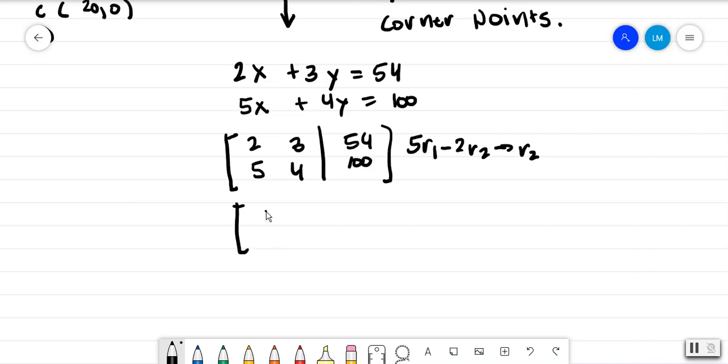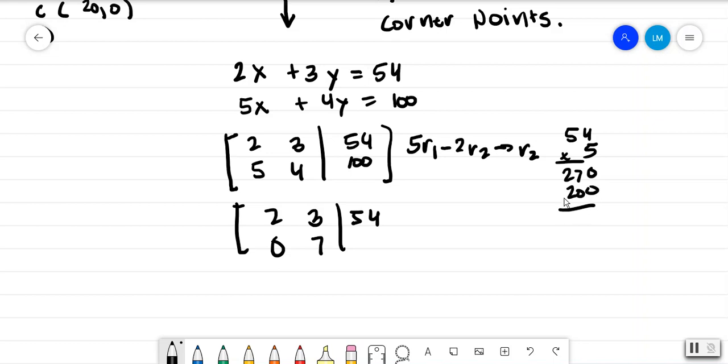It gives us 2, 3, 54, we have 0, but then you have 7, because 15 minus 8 is 7, and then from there you have 54 times 5, which is equal to 270. So that means that you have 270 minus 200, which is equal to 70. So we have 70.